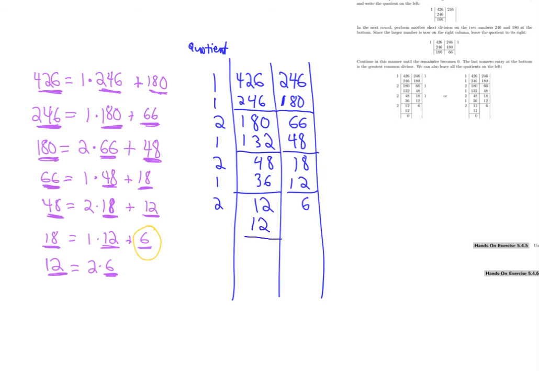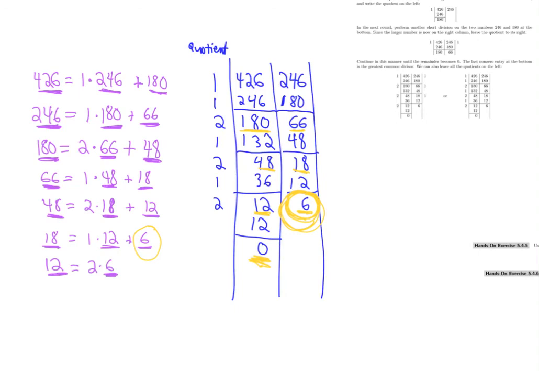I get 12. Subtract, I get 0. Now, since every subtraction result is one of my remainders, I know that the GCD is the last non-zero remainder. Because I got the 6 right before I got the 0, I know that 6 is the GCD.